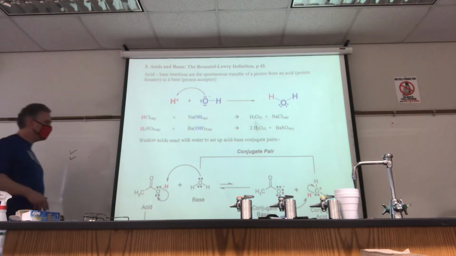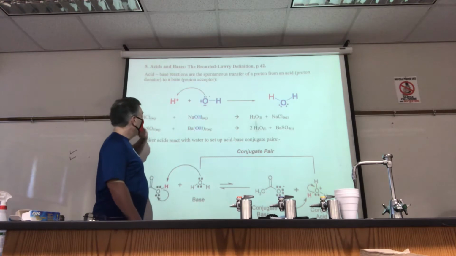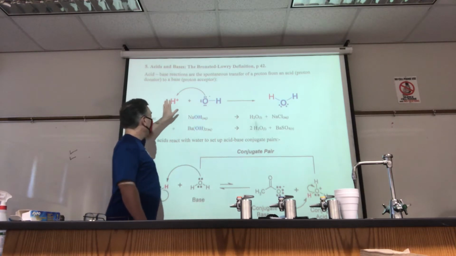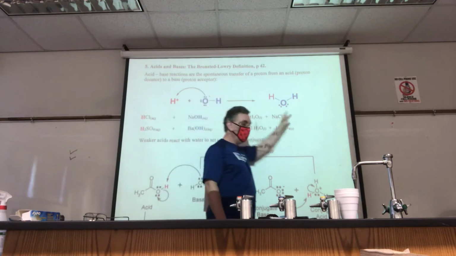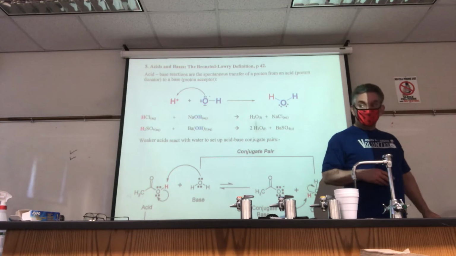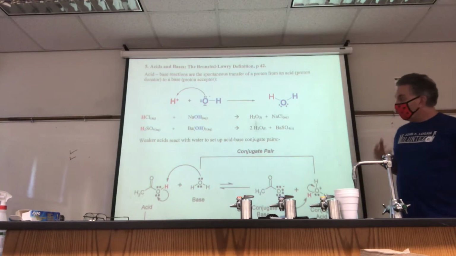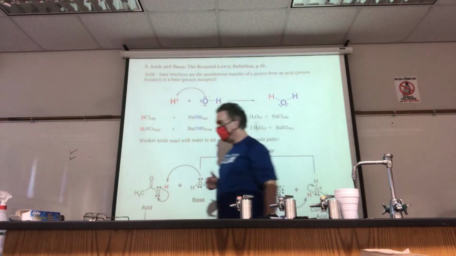Of course, at its most fundamental level, we're talking about common acid-base reactions being hydrogen ions being picked up by hydroxide ions to form water. And historically, that was the natural ideology behind an acid-base reaction, a reaction that produced water.